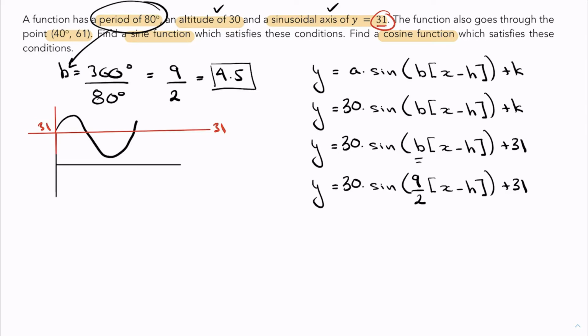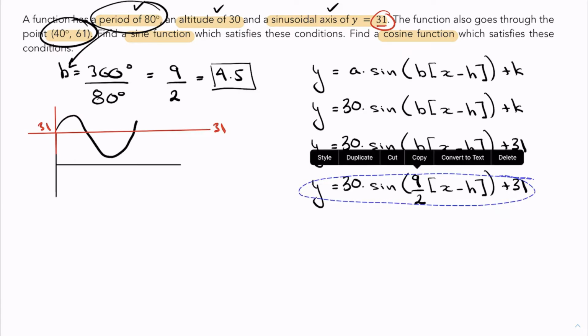Now here's the thing. It doesn't say explicitly that it has a phase shift, but there's a good chance that this function does. What we have not used yet is the fact that it passes through the point 40 degrees, 61. In other words, when x is 40, y is 61, that will leave me with an equation in which I have only one variable to solve, namely my h value.